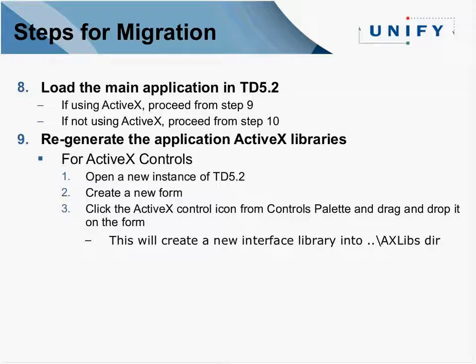This will automatically create a new interface library for this ActiveX control, and it will regenerate a new APL in your AXLibs folder in the TD 5.2 installation. So with this, you are sure that you have regenerated your ActiveX library in the new TD 5.2 format.